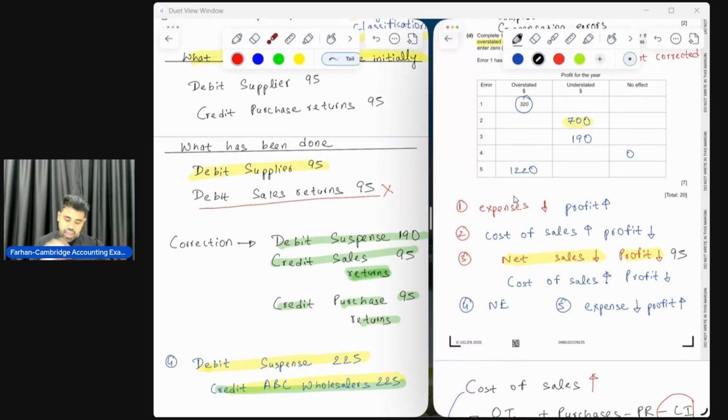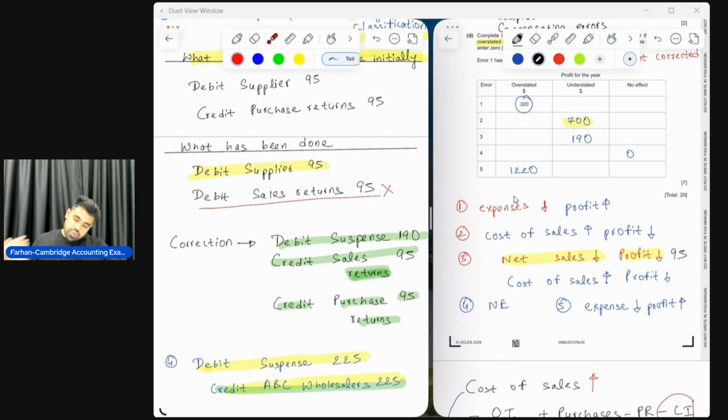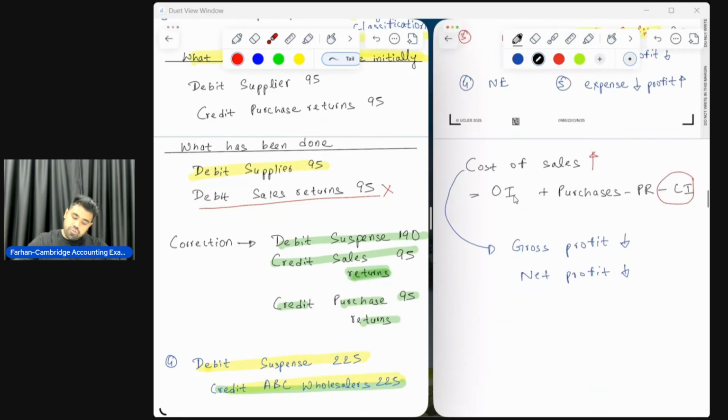Okay, then in the mistake that was done by the bookkeeper, which is this entry right here that I'm circling on the left-hand side, there is no mention of purchase returns. So obviously purchase returns, which had actually taken place, was completely forgotten to be recorded. Now let's go back to the equation for cost of goods sold.